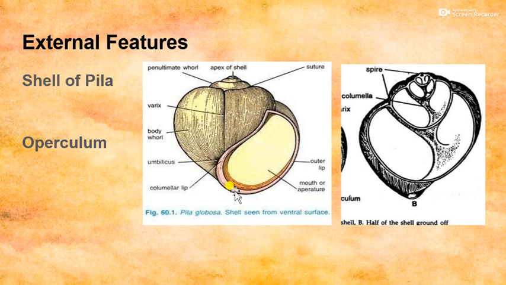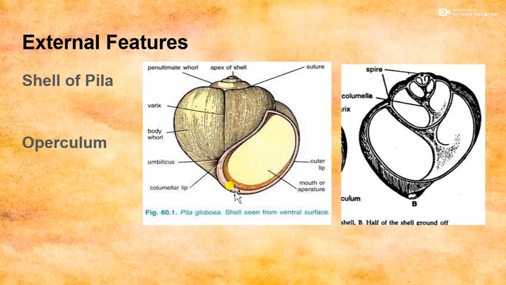Below this is a prismatic layer made up of crystalline calcareous plates running vertically, and the innermost nacreous layer is made up of calcareous plates running longitudinally. Shells of gastropoda display an infinite variety of shapes, sculpturing, patterns, and colors. Inside the shell is a mantle, which secretes the shell.